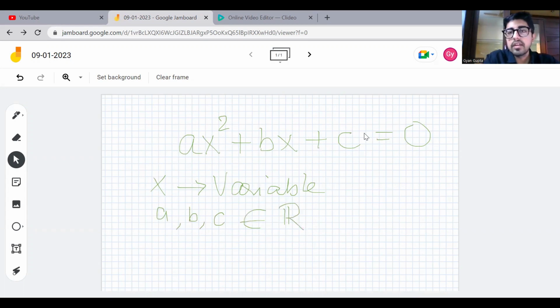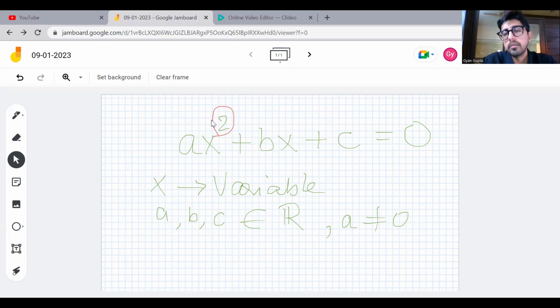Where a, b, and c can take any real number, it can be an irrational number. However, a should not be equal to 0. If a is equal to 0, the ax squared term will become 0. But a quadratic equation is an equation where the degree of the equation is 2. So we want to maintain the degree of the equation as 2. Hence, a cannot be 0.